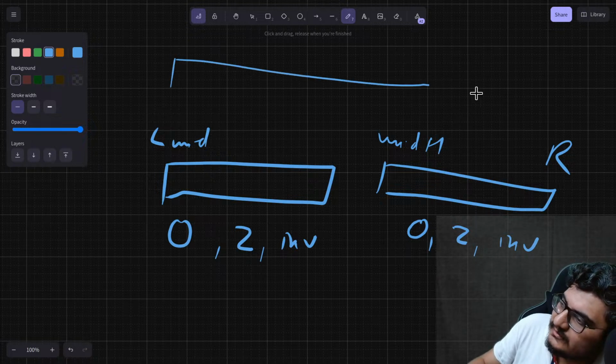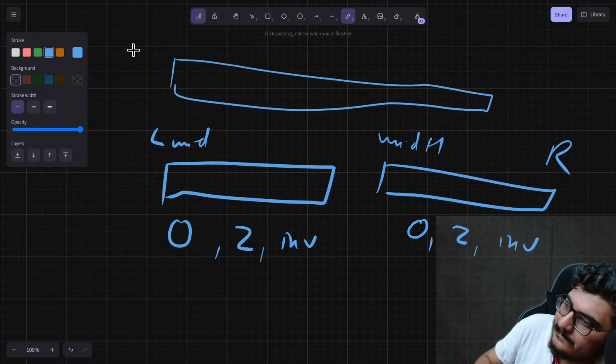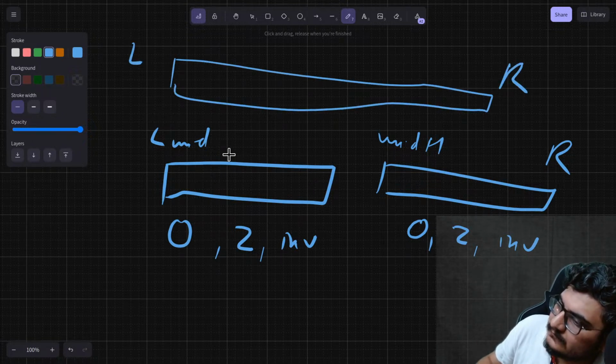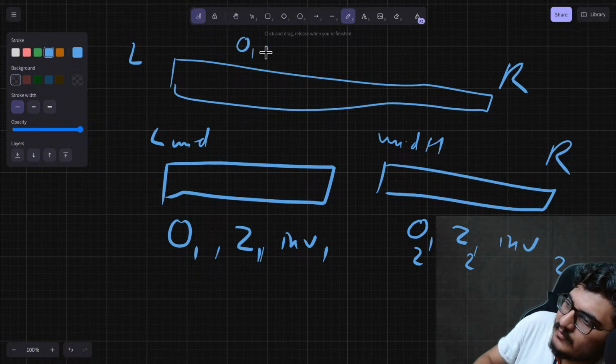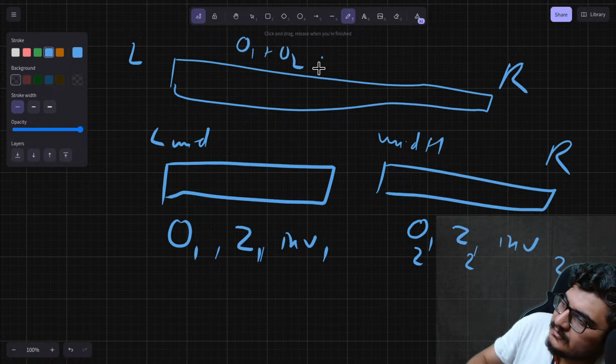Now if we want to look at the complete L to R, we have O1, Z1, INV1, O2, Z2, INV2. The total number of ones here would be O1 plus O2. The total number of zeros here would be Z1 plus Z2.